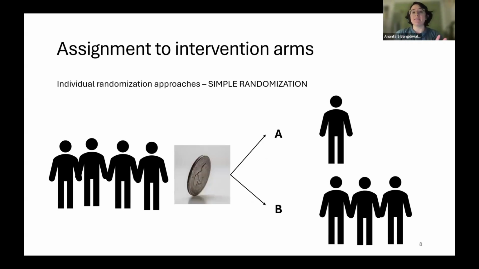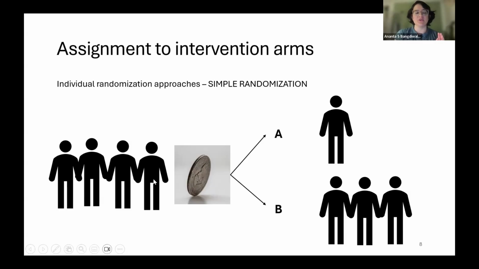So, different ways of randomizing. We're going to start by talking about simple randomization. That's the case where each participant who shows up, or each participant who's enrolling, when they meet eligibility criteria, is randomized. Simple randomization is the same thing as flipping a coin.